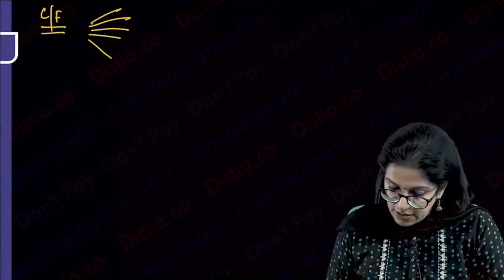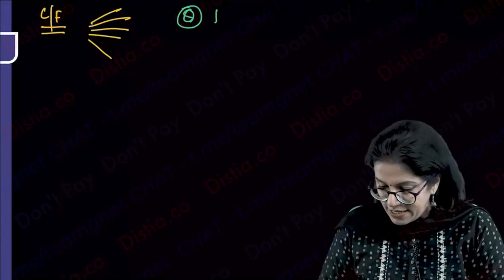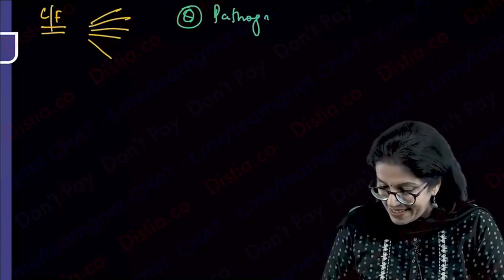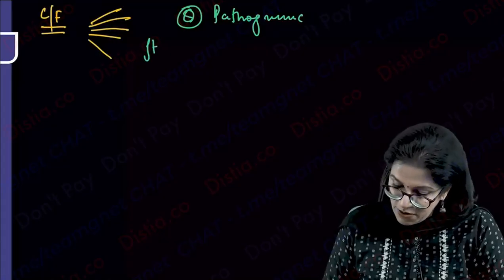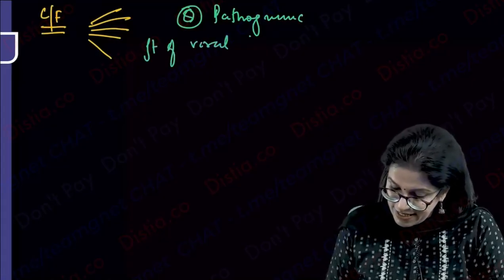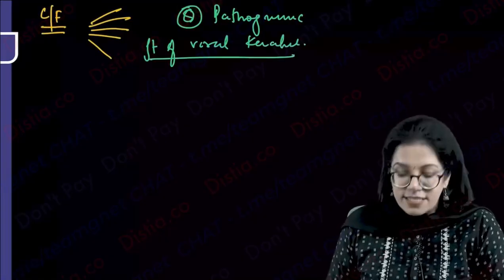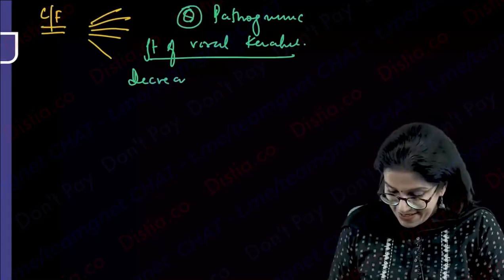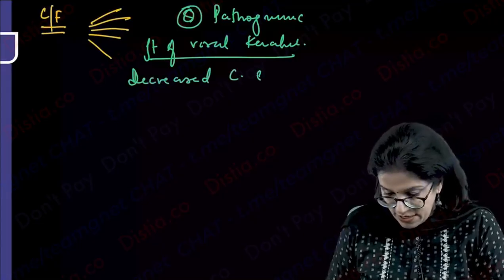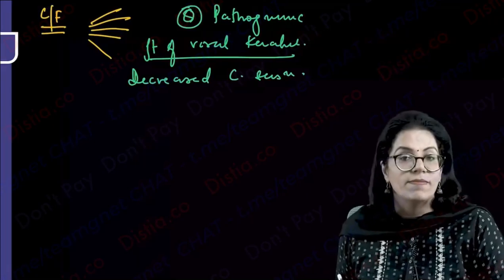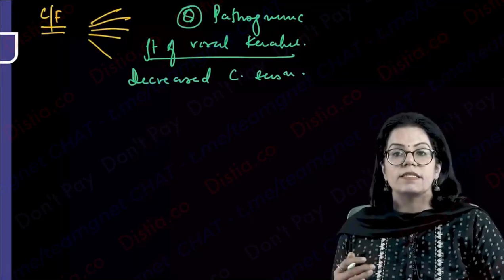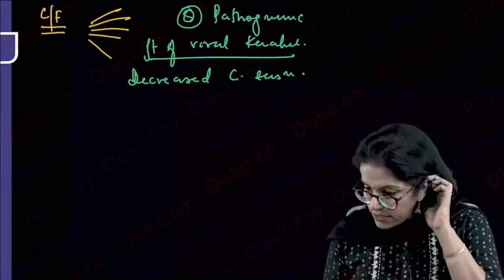Which is the pathognomonic feature of viral keratitis? First, let's solve this one. You will answer, this is decreased corneal sensation. In both viral keratitis, simplex and zoster, there is a decreased corneal sensation.